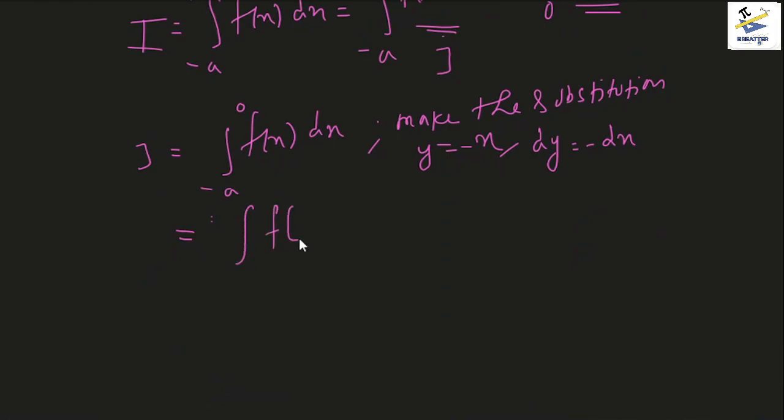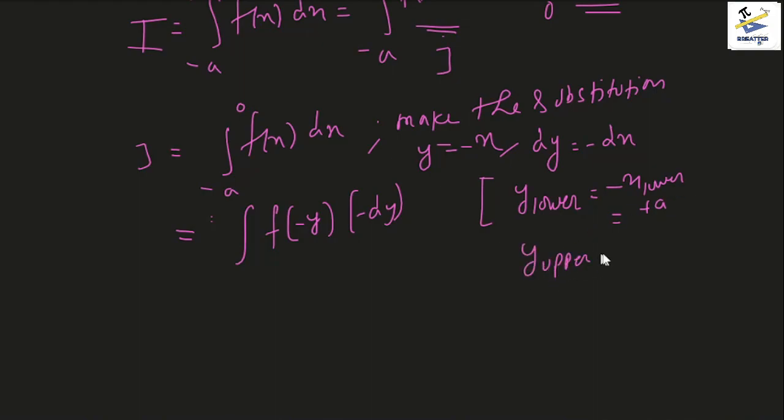Firstly, it would mean that this is equal to f of minus y, and dx would be minus dy. And as far as the limits, y lower should be minus of x lower, which is basically plus a, and y upper should be 0. So this should be from a to 0. Let's bring the minus in the front, and we have minus a to 0 f of y dy.